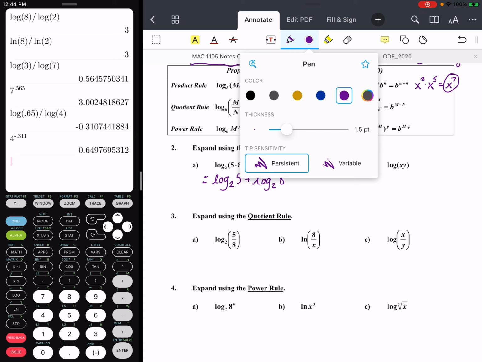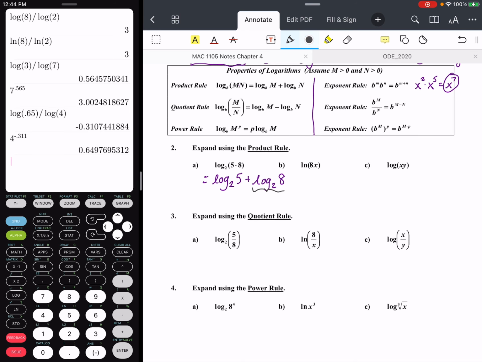We just talked about that a bunch a second ago. We know that we can further evaluate this. We can further simplify this. Log base 2 of 8 equals 3. So I'm going to write my final answer as log base 2 of 5 plus 3. So that would be my final answer.